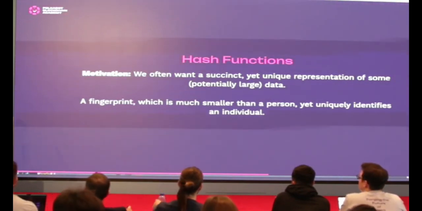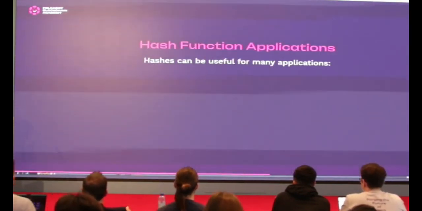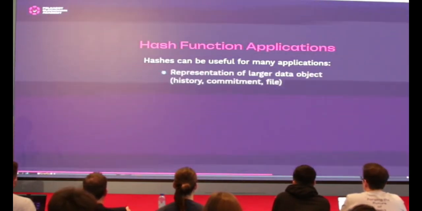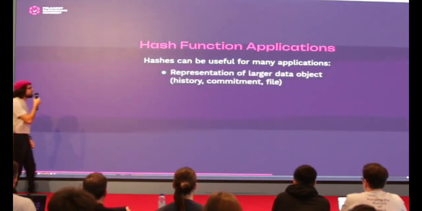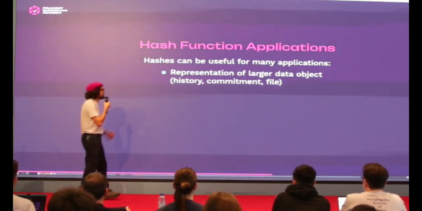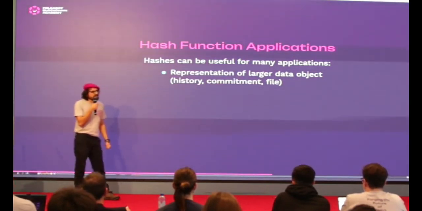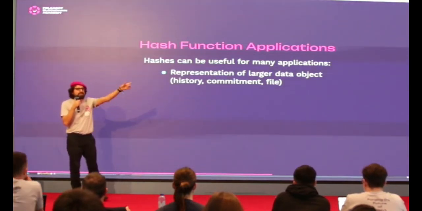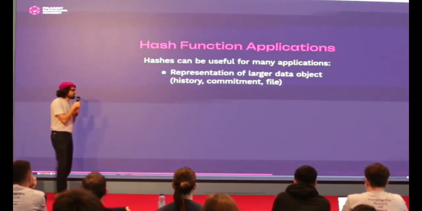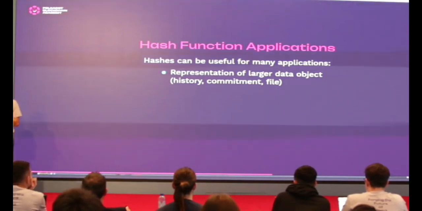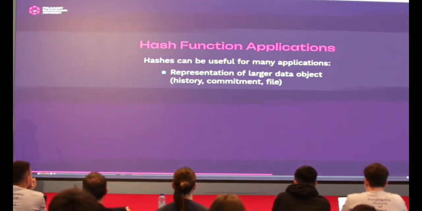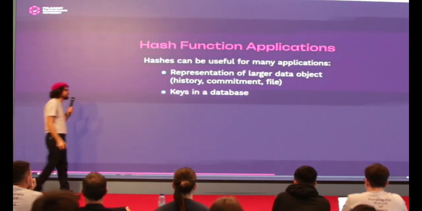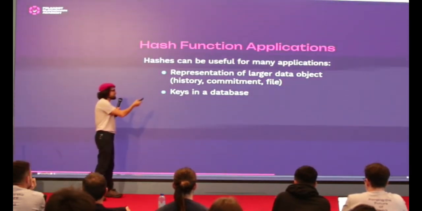And they have a lot of applications. For example, you use them in Git. You represent a huge amount of data with one hash, a small fingerprint of that data. We use it for database access. So these are the hash maps, right?